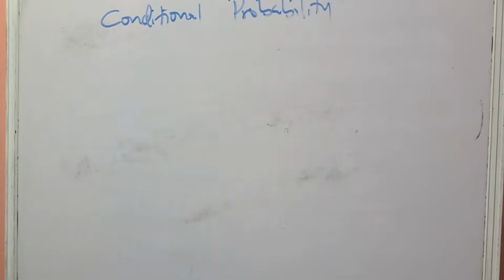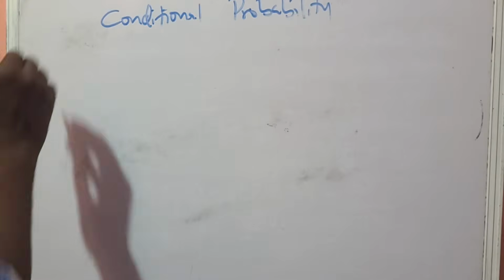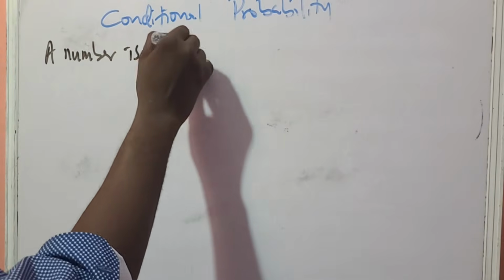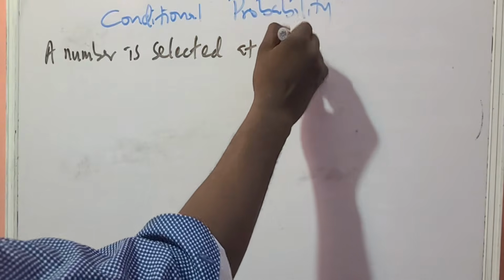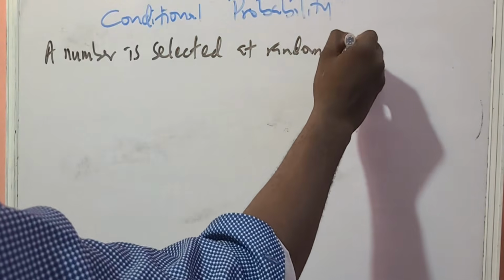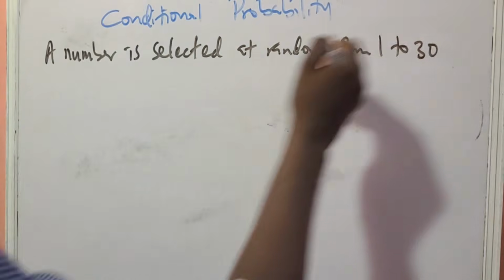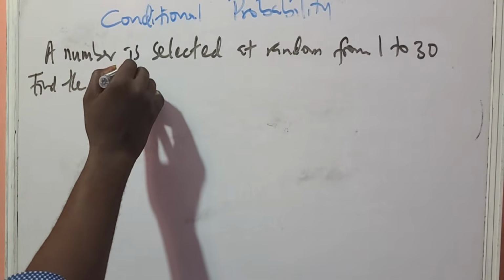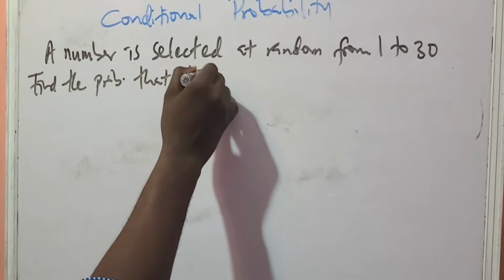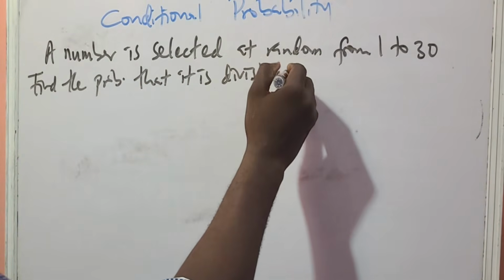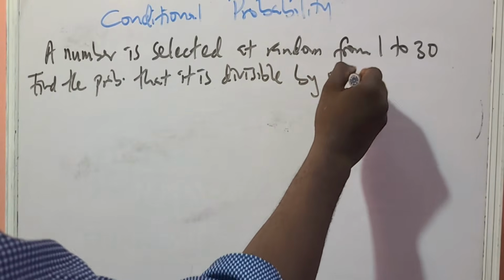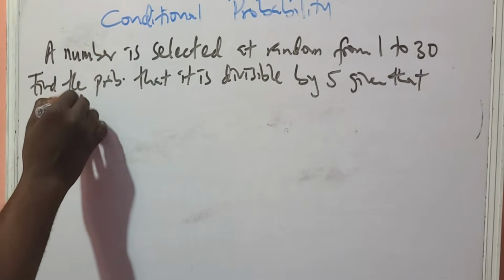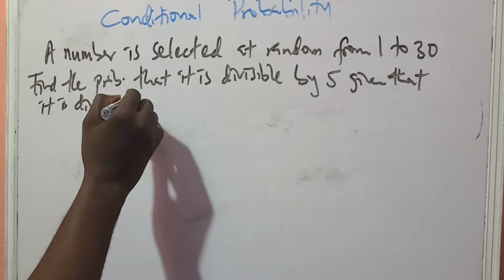Find the probability that it is divisible by 5, given that it is divisible by 10.